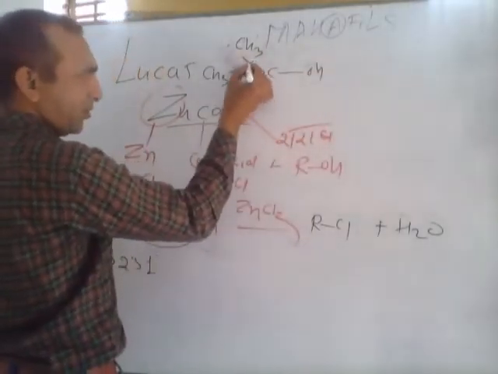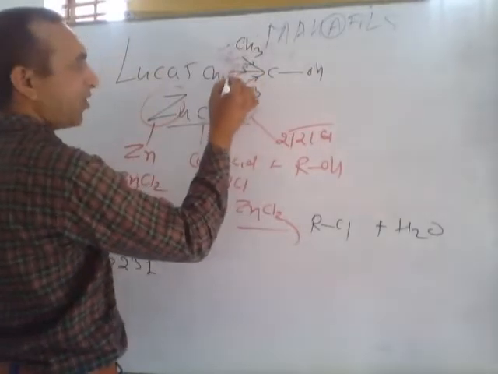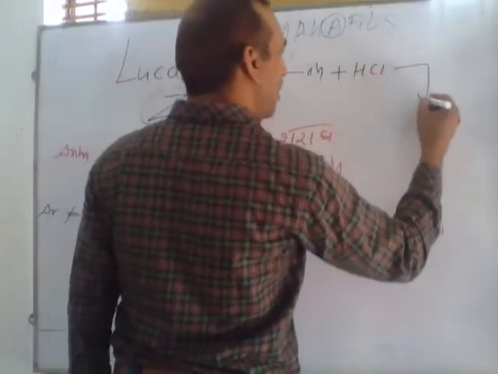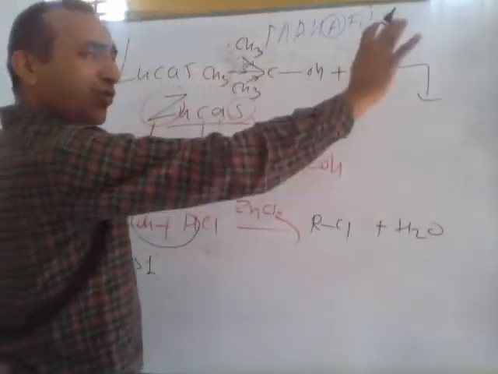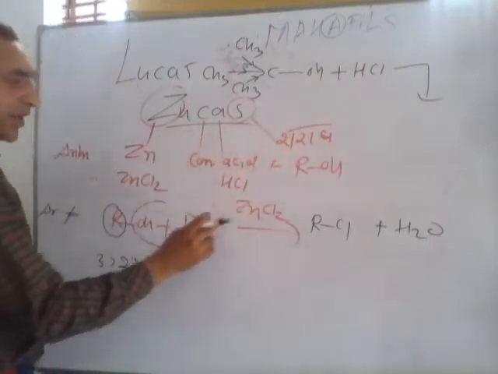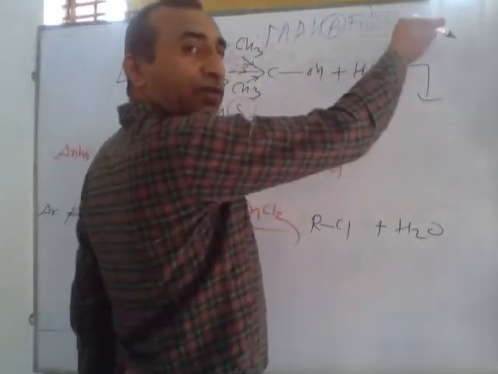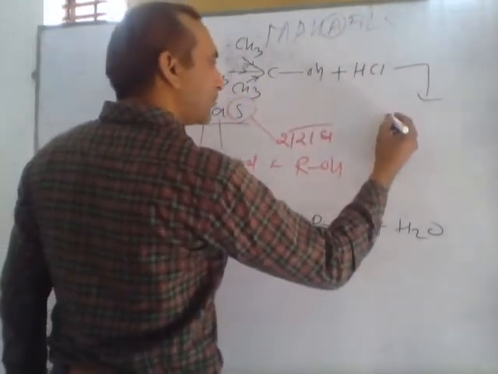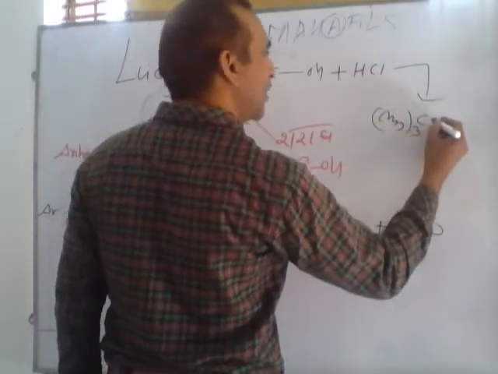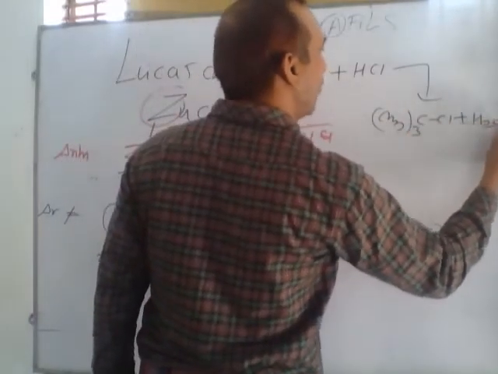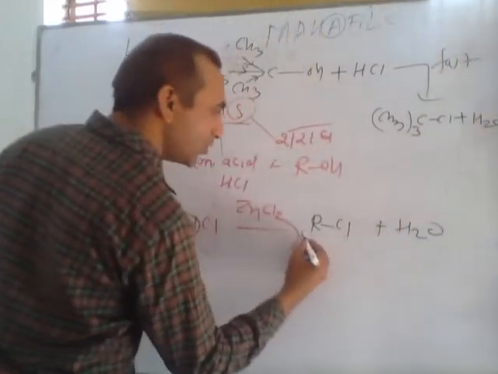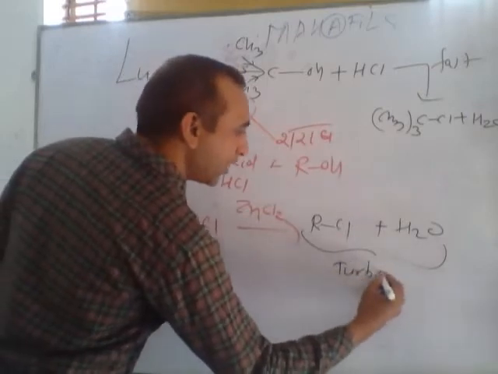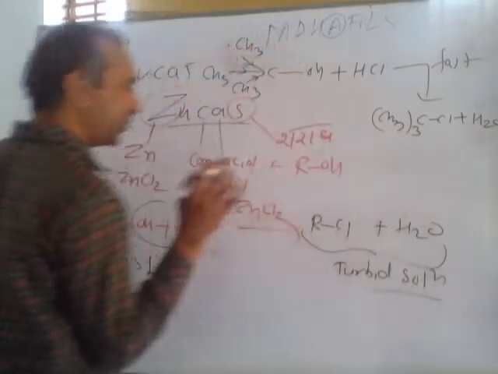These three methyl groups, due to the plus inductive effect, increase the reactivity, so in the tertiary case the reaction is so fast that a catalyst is not required. After the reaction, (CH3)3CCl along with water will form. Very fast reaction. The mixture of RX and water gives a turbid solution. Turbid means hazy.